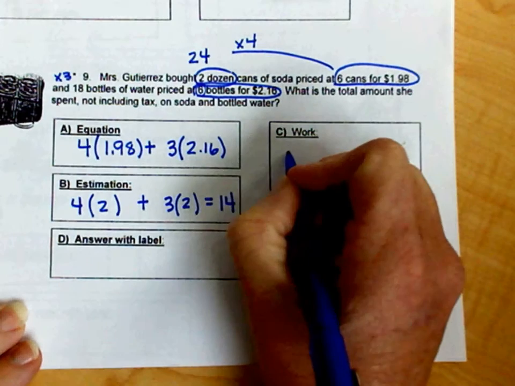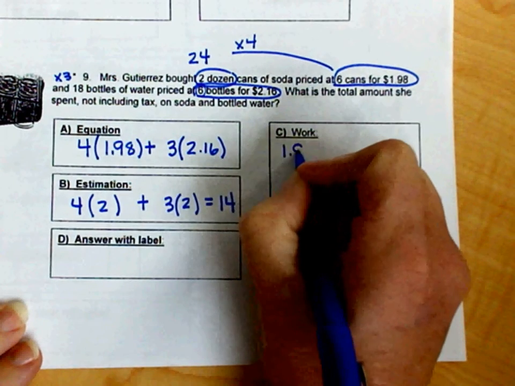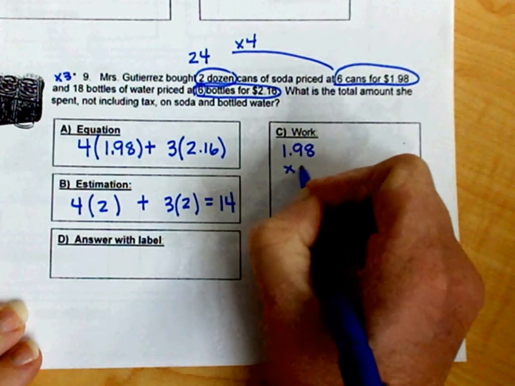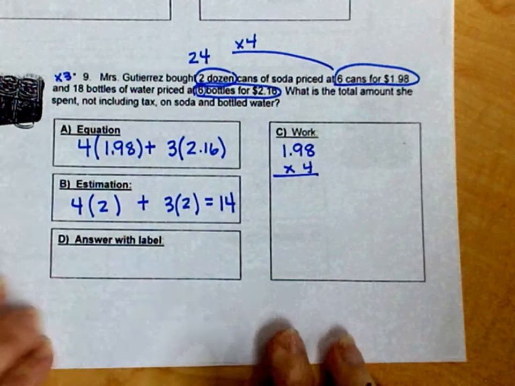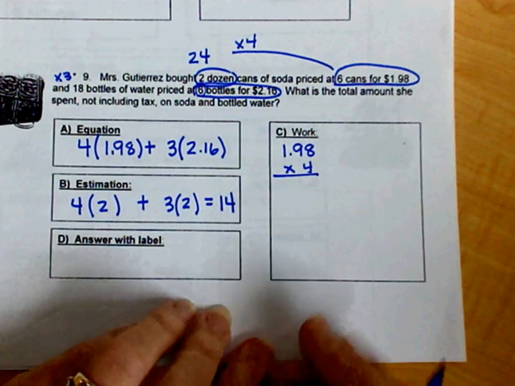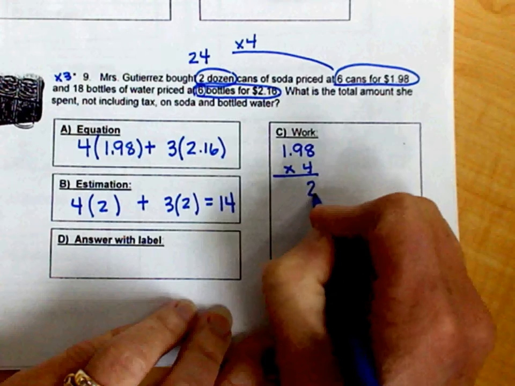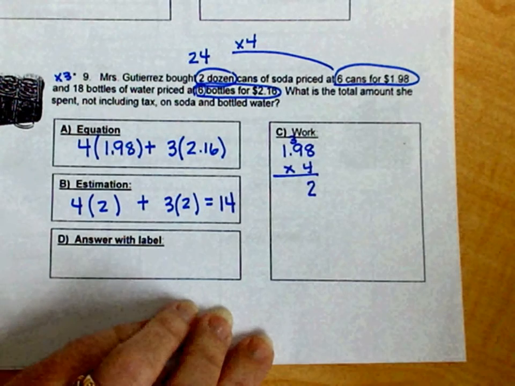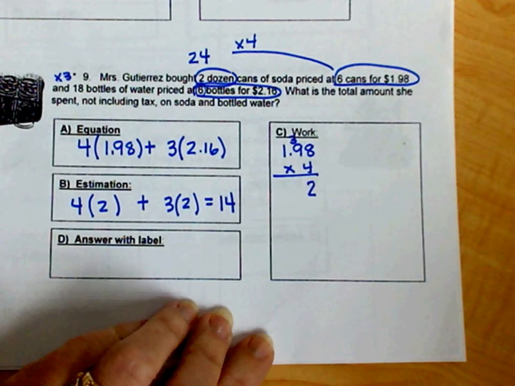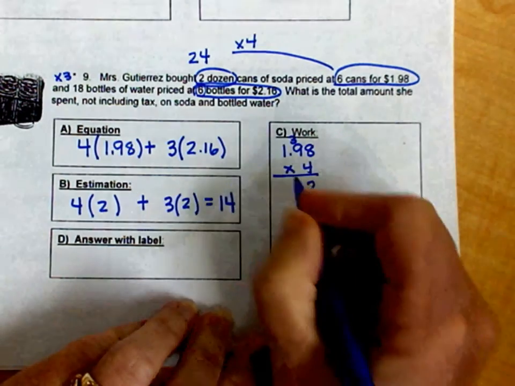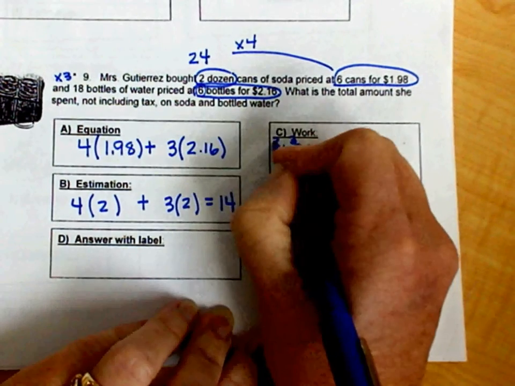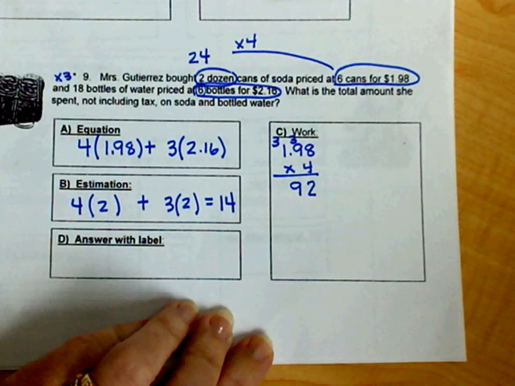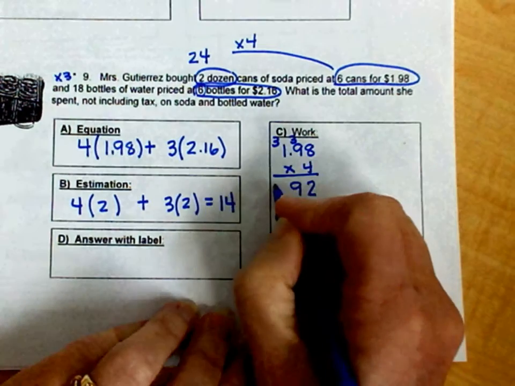When I do my math over here and I have $1.98 times 4, I just want to look at multiplying. 4 times 8 is 32, carry the 3. 4 times 9 is 36, plus 3 more is 39, carry the 3. 4 times 1 is 4, plus 3 more is going to be 7.